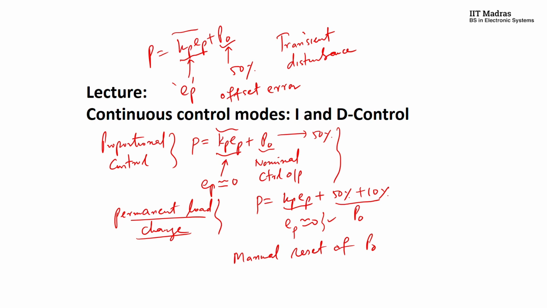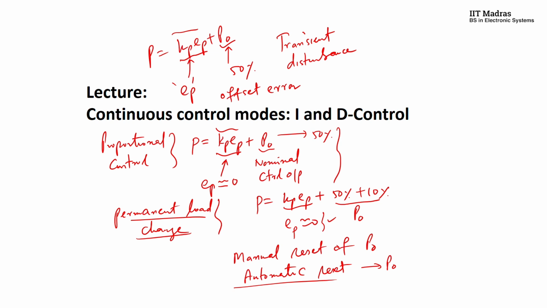We would call that kind of setup automatic reset. We would desire that P naught should change automatically whenever the load changes permanently or there is a steady state change in load. This is the way to understand this, so we would now try to understand what automatic reset is.